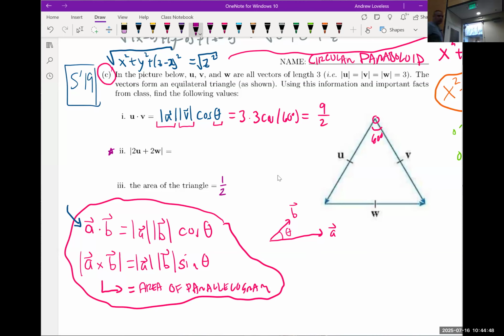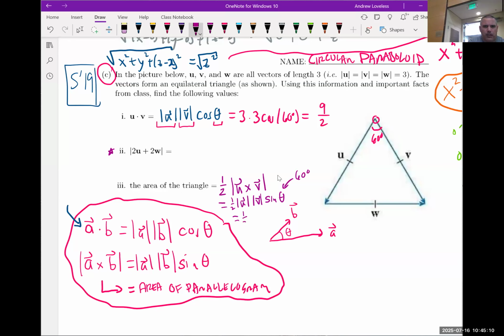So in my head, I'm thinking, well, since we just talked about U and V, why don't we use those again? We could use 2 other vectors, but this is what I'm thinking. That is the same as the magnitude of U, magnitude of V, sine of theta. And it's the same angle, 60 degrees.